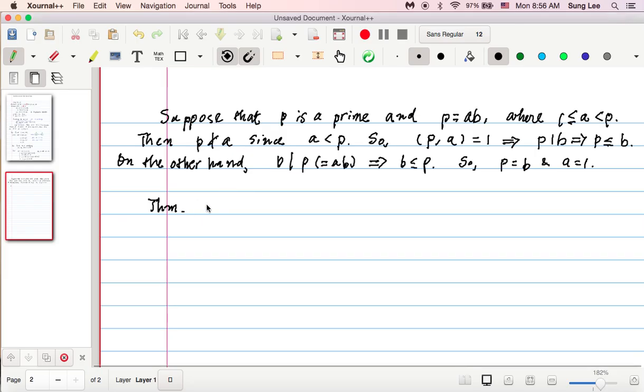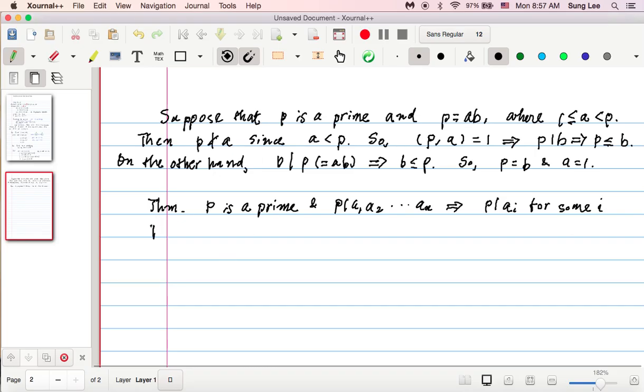So the theorem is: P is a prime, and P divides a1, a2, dot dot dot, a sub n, then P must divide ai for some i.